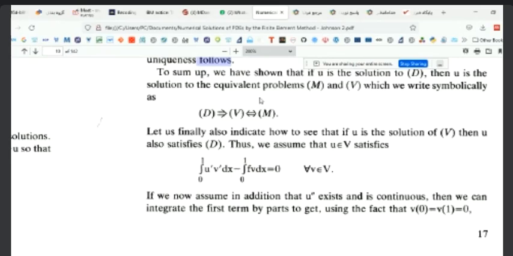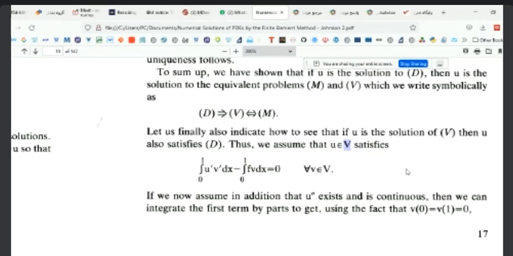So let us finally also indicate how to see that if U is a solution of V, then U also satisfies D. So we want to assume that U is an element of the linear space V. Let us notice the difference between this V as a class of variational problems, and this V. This is in italic form, and this is in the simple form, and these two are different.